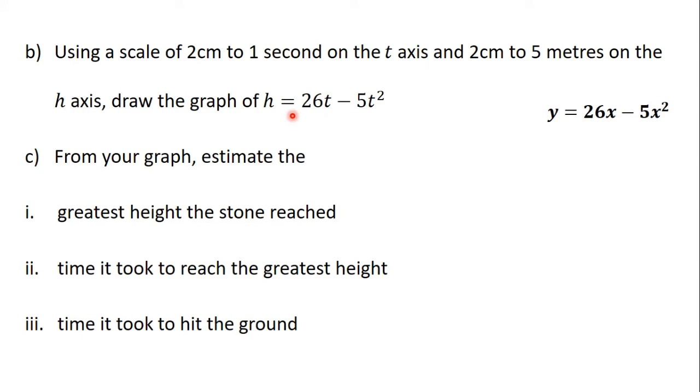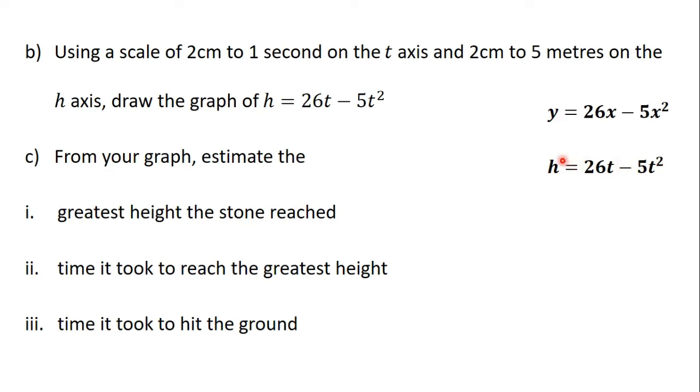But in this relation given to us, the variables are h and t. Let's compare this to when the variables are y and x. If the variables are y and x, we will have y is equal to 26x minus 5x squared. The variables here are h and t, so we have h is equal to 26t minus 5t squared.